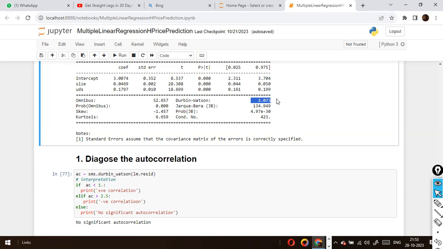And the other question is what is omnibus, probability of omnibus? See, it is something like a p-value. The omnibus test is for normality of the residuals, whether the residuals are normal or not. If the result is significant, it suggests the residuals are not normally distributed. If the values are too high, that means the residuals are not normally distributed.